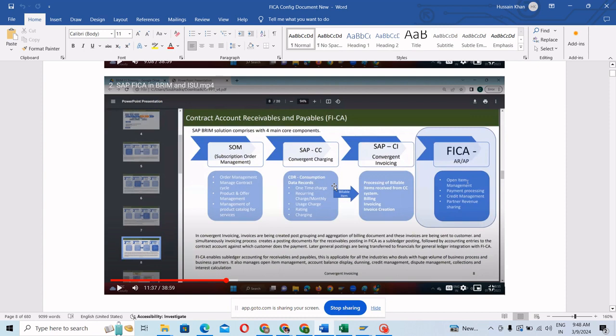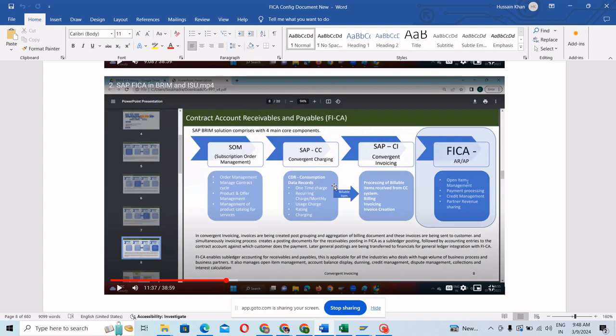And what about the CC and the CI? CC and CI, it's like if the subscription item is based on chargeable, based on the usage, the CC would come into the picture.